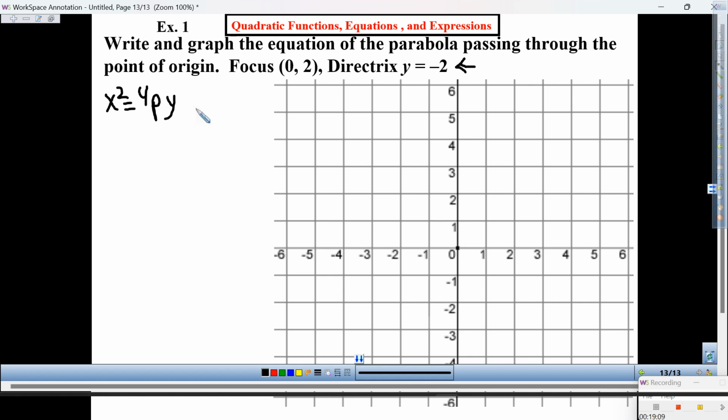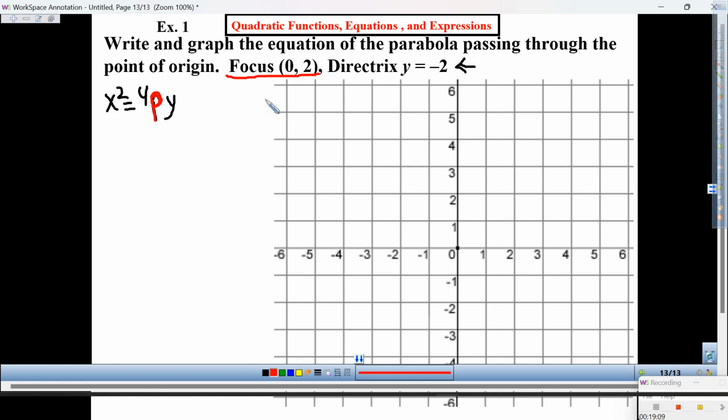Step 2, we need to leave this in terms of just x and y. That means we need to get rid of this letter p, or the variable p. So change this variable p to red, and I want you to underline the focus in red. What does that mean, Mr. Q?